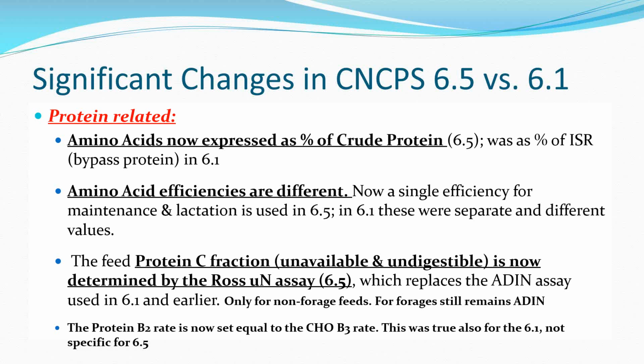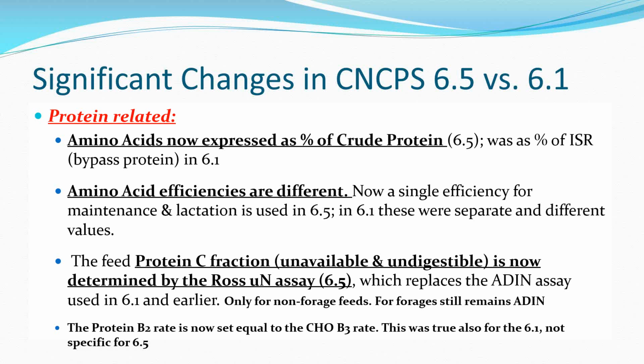A big change is that the amino acid efficiencies are different. Now, efficiencies basically describe how much or what proportion of the amino acid supply ends up being actually utilized for product, whether it's tissue or milk. Because 100% of the absorbed amino acids don't end up in milk and tissue.